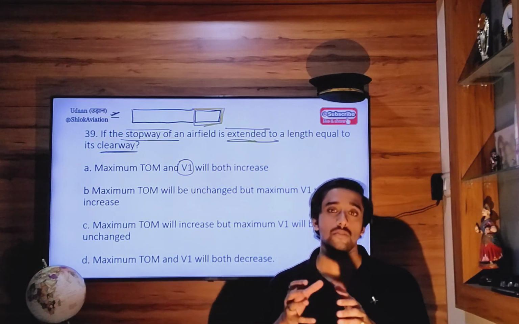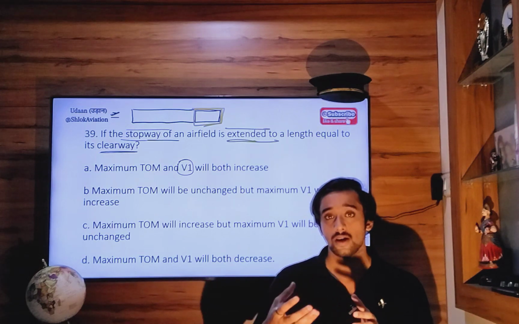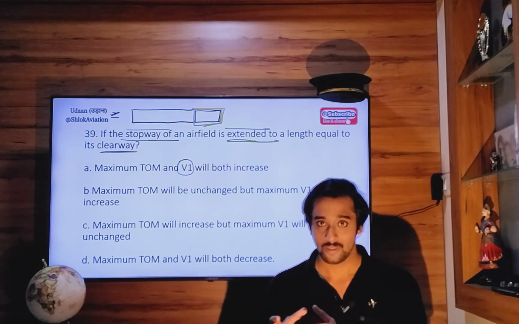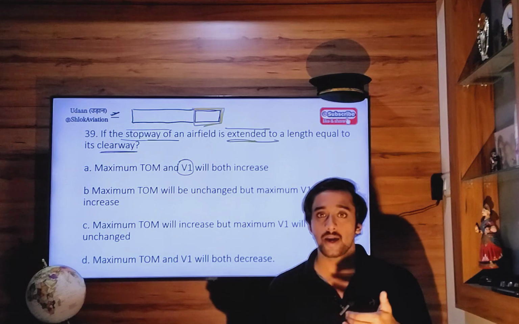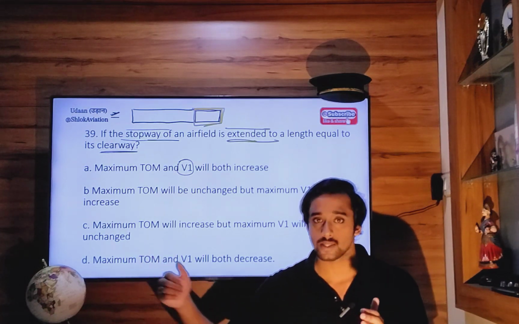Okay, when the momentum builds up and should some unfortunate event occur, and you have to abort your takeoff, you will have to cut back engine power and stop your aircraft within the available runway distance or stopway distance.